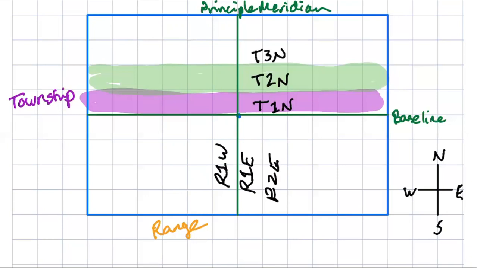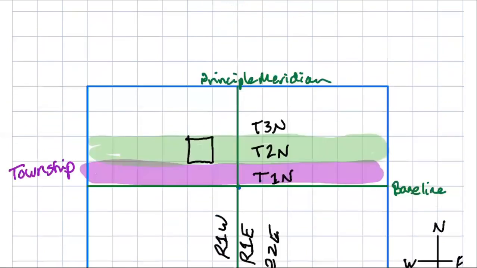And so within all of these township ranges, now I'm going to start talking about the little boxes. Each individual box happens to be a perfect 36 square miles. That's where the rest of this handout helps us out.